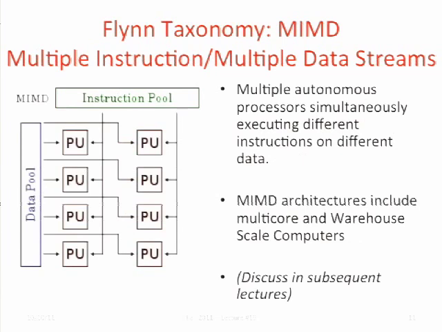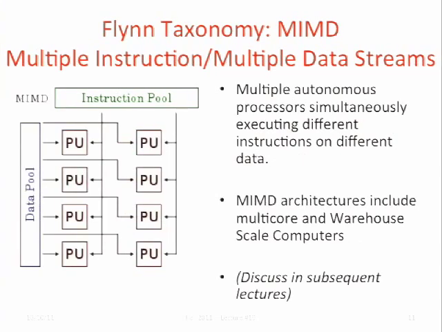I think the way this is drawn is these two get the same data item, a different item goes to these two, and a different item goes to these two. And these are running instruction 1, these are running instruction 2. If you think about it, it's the most you could have going on at the same time in hardware.